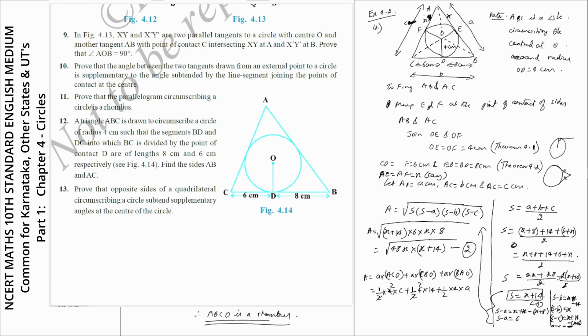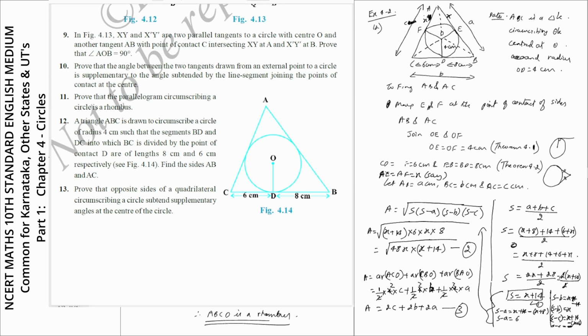So I'll get 2C plus, here in place of base, which is 14 centimeter, I'll retain as B only. Let it be B. So 2C plus 2B plus 2A is equal to the area. Now this I'll mark as 3.